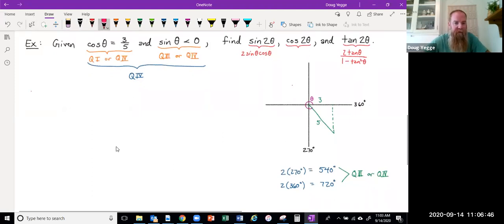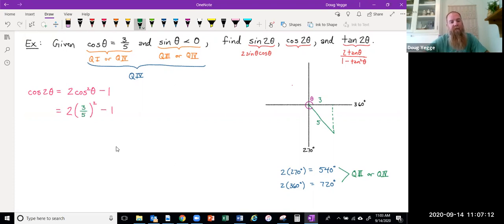So we know that cosine of 2 theta is the same as 2 cosine squared theta minus 1. But we know that cosine theta is 3/5. So what we're really doing is just taking cosine, squaring it, and then plugging in 3/5 to this spot right here. So now we can do the algebra and work it out.